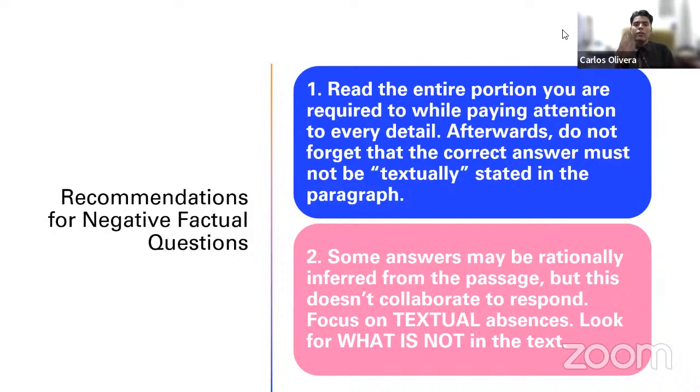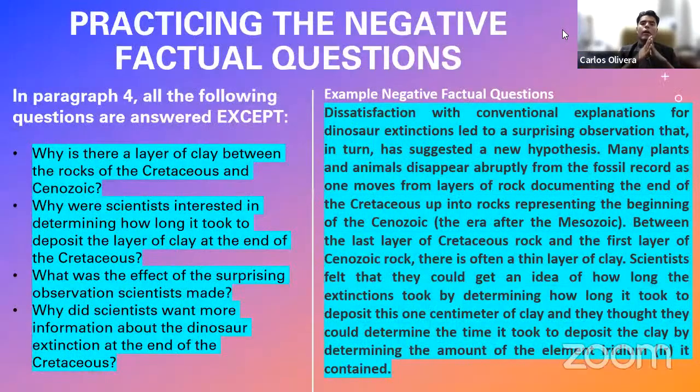Because what you have to do here is to concentrate and focus on the textual basis in order to respond to every question. If it is not somehow justified or founded upon a textual basis, then that is the correct answer because the text does not mention it, the text does not speak about it. Some answers may be rationally inferred from the passage, but this doesn't help to respond. Focus on textual absences. Look for what is not in the text. Okay, so that is what you have to do in this specific type of question. Now, out of all these possible answers, which would be the correct one?